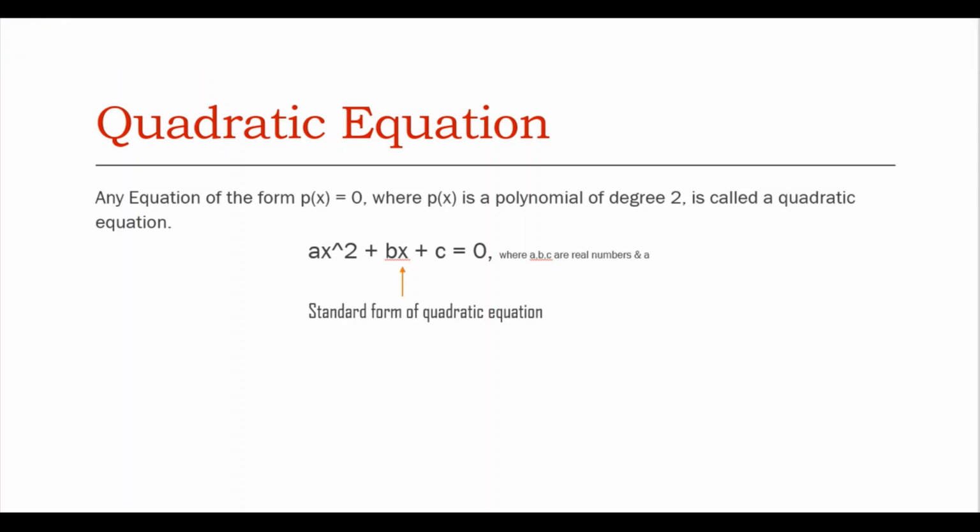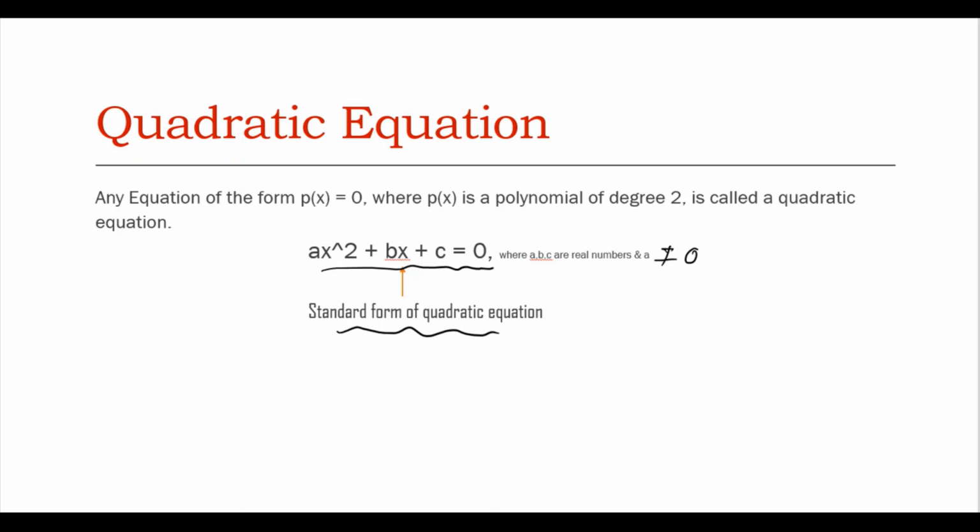You see this ax square plus bx plus c is equal to 0, where a, b, c are real numbers and a is not equal to 0. Okay, this is the standard form of the quadratic equation.